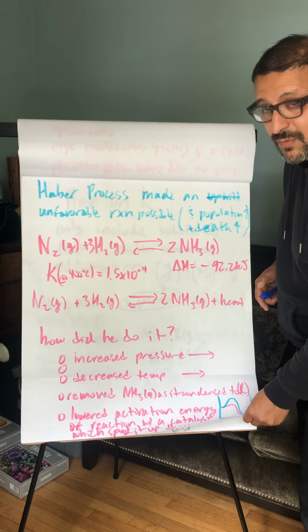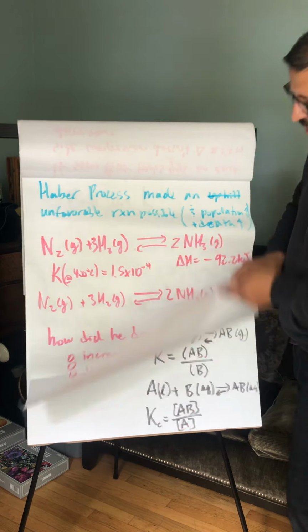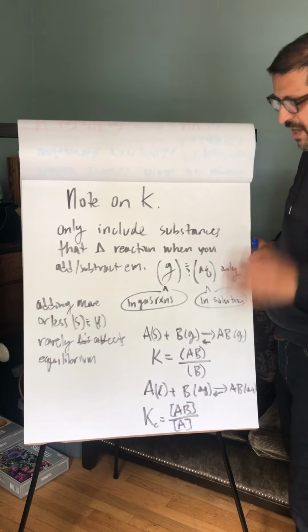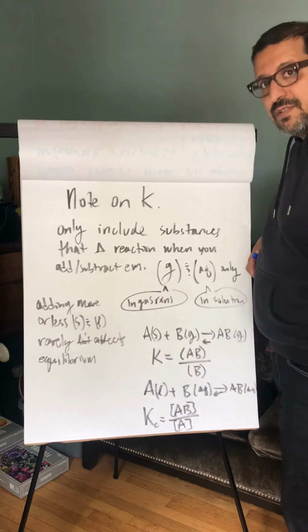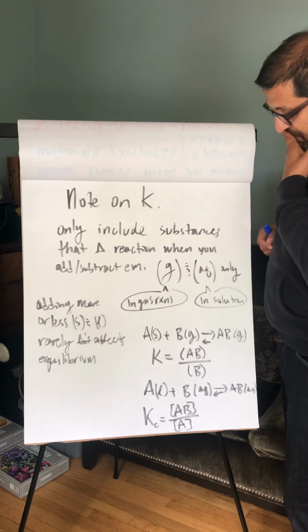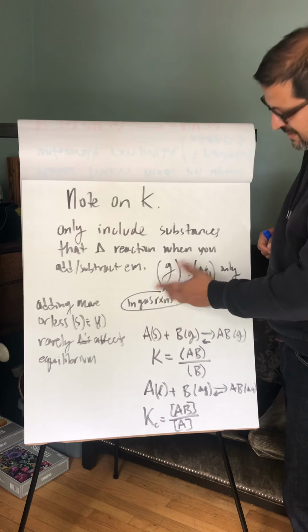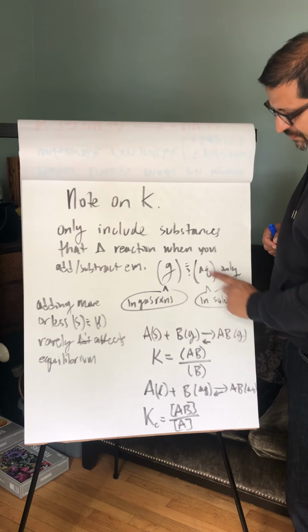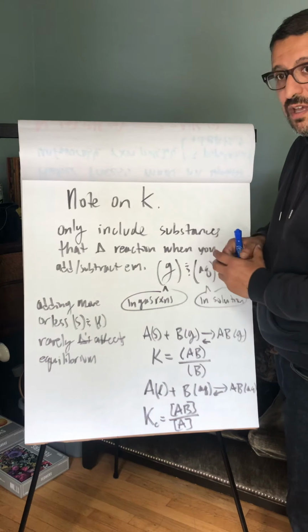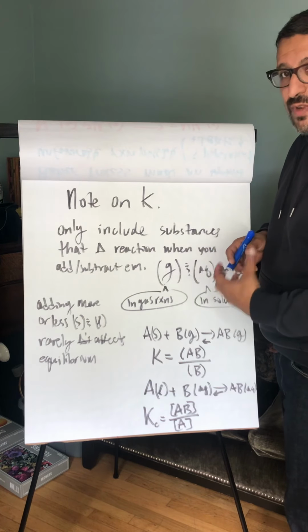Okay? Great. Speaking of liquid, a final thing I forgot to post, a note on K. When you write K, only include the substances that change the reaction when you add or subtract them. So, in a gas reaction, it's only gas. In solution, it's aqueous. If you have a big solid or a small solid, it doesn't change the rate that much.